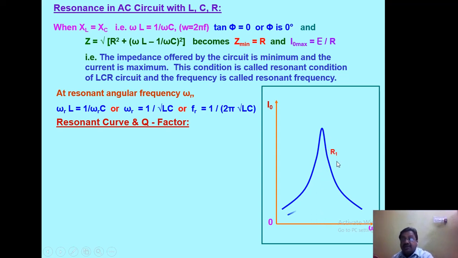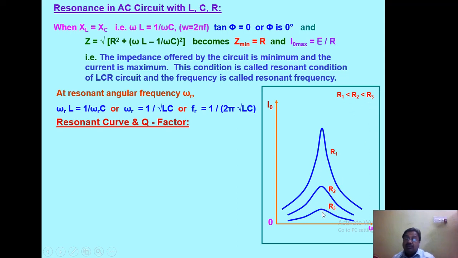This is for one resistance R1. It may be represented for other resistances, a lower or a higher value. Here you see three different resistances we have shown, R1, R2, R3, such that R1 is less than R2, which is less than R3. R1 is the minimum resistance and R3 is the maximum resistance.